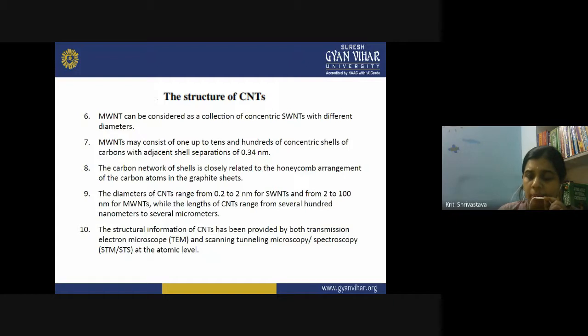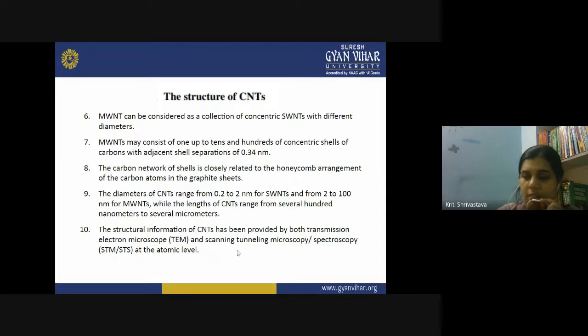Because the multiple-wall nanotube is composed of several single-wall nanotubes, so it has a greater diameter. However, the length of both could be several hundred nanometers to several micrometers. Length could be anything, but in diameter at least one dimension should be in the nanoscale.